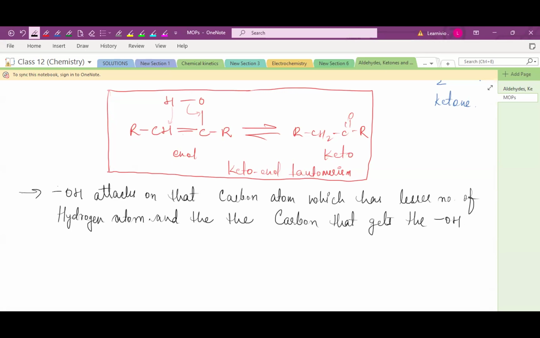After tautomerism, it will get converted into either a ketone or an aldehyde. Means the OH group will be converted into a carbonyl carbon after tautomerism.